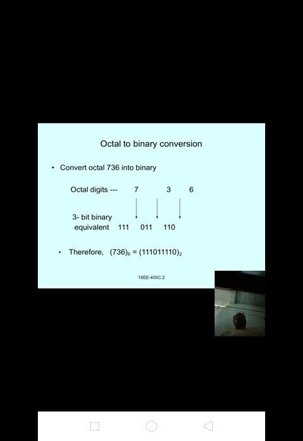For 3, it is 011. For 6, it is 110. Therefore 736 base 8 equals 111 011 110 base 2.